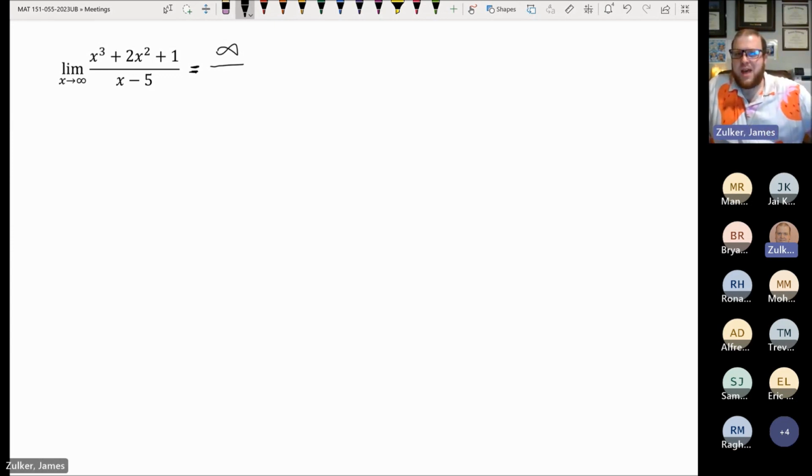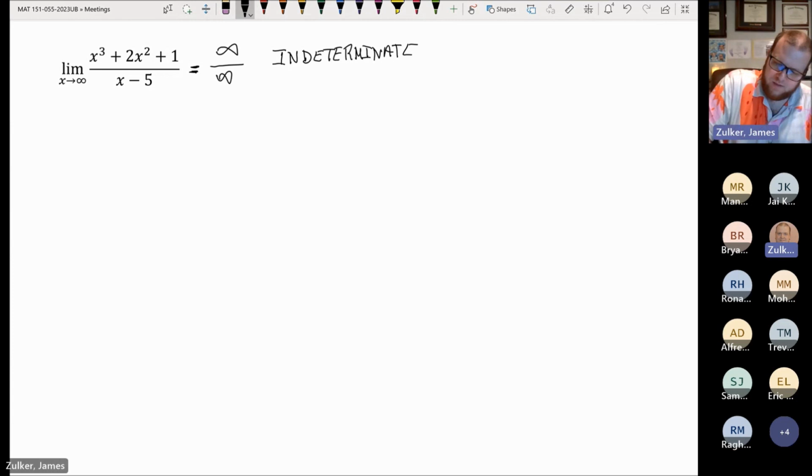No, right? It doesn't really affect you at all. So you take an extremely large number and just subtract 5. It's still extremely large. So you get infinity over infinity. This is indeterminate.